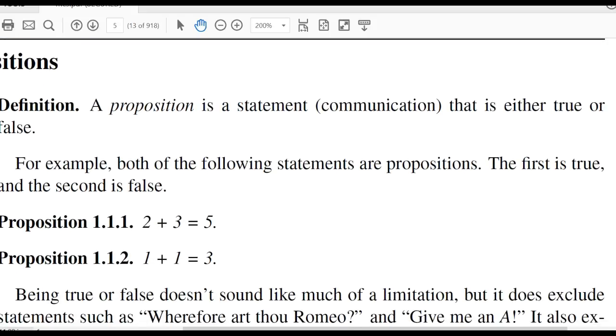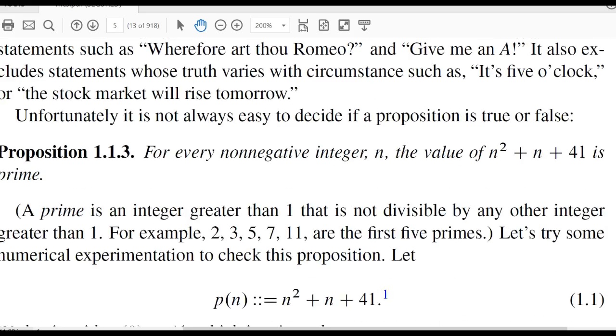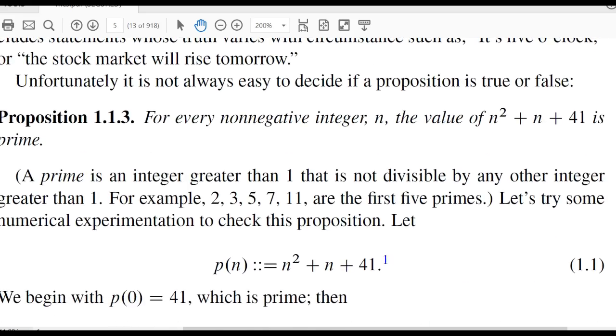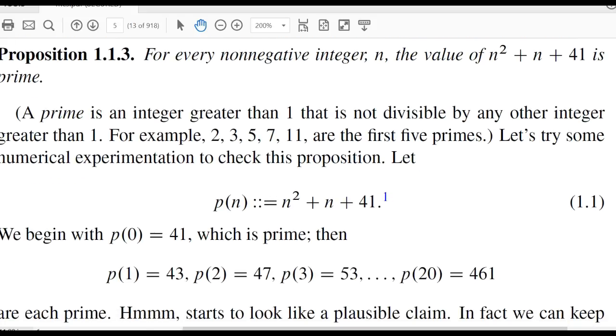A proposition is a statement that is either true or false. For example, this one: for every negative integer n, the value of n squared plus n plus 41 is prime.